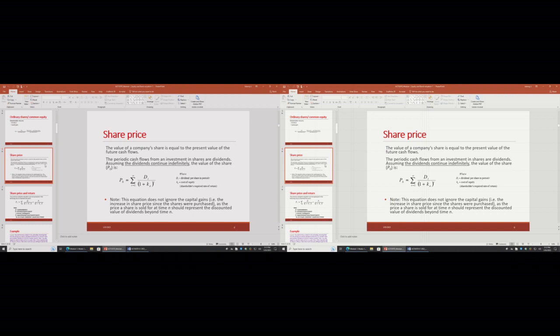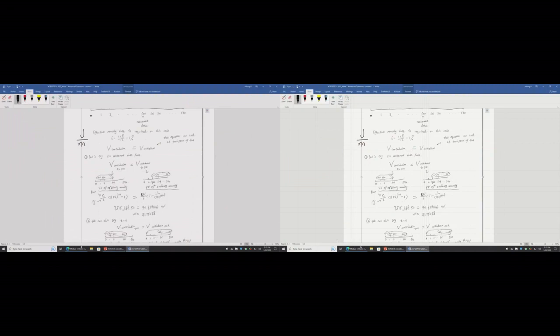For example, if you want to sell the equity 3 years later, that price is actually determined by the expected dividends after year 3. If you want to sell the equity in year 5, the price, even though it's different, is still determined by the dividends you're going to receive after year 5. So let me just give you some numerical equations.